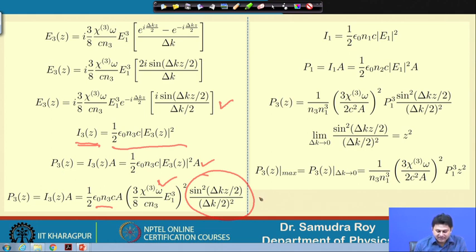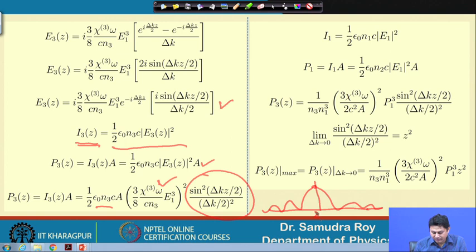Now, this is a sinc kind of function. So, sin x square divided by x square. So, if delta k is not equal to 0, we will have a similar looking curve that we already got in our second order case. So, we will have the power change at this.